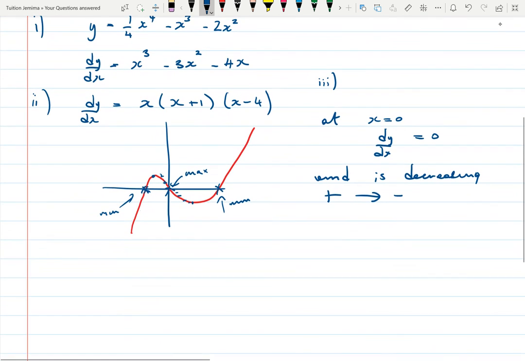And we can see that as we look at it. If you look at how a maximum looks, we can see the gradient decreases. It's 0 here, and it decreases gradually along the way, goes from positive to negative.